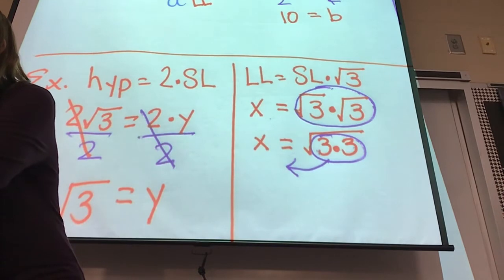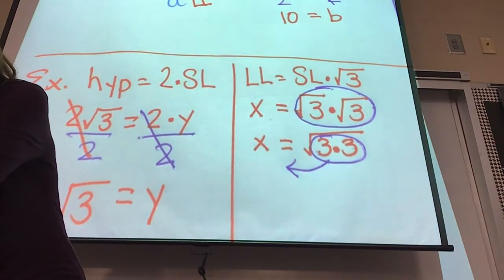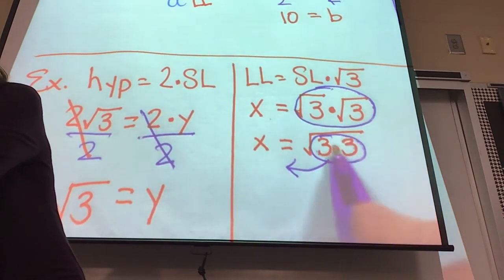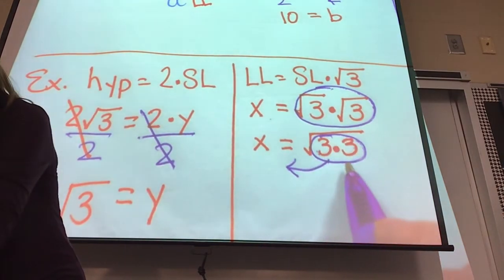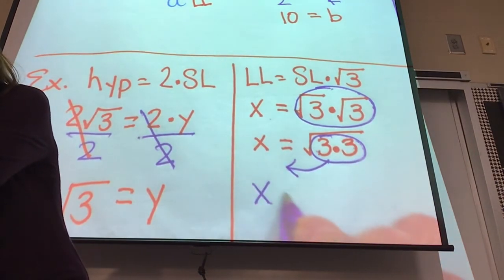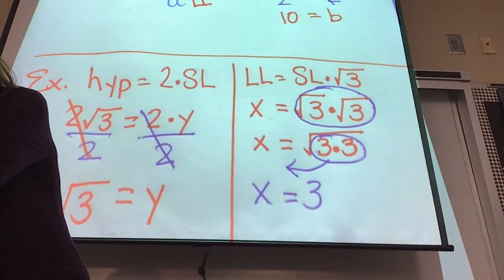Because what does square root mean? It means you gotta have 2 of the same number. Square means 2. So square root means if I have 2 of the same number under the square root, my answer is that number. So if I have a pair, 2, of the same number, my answer is that number.